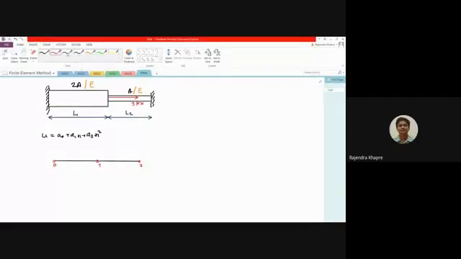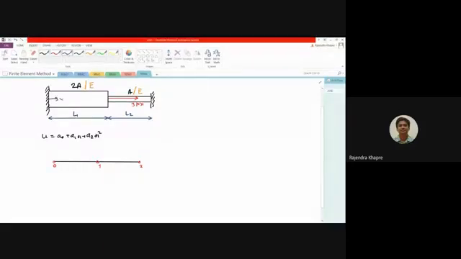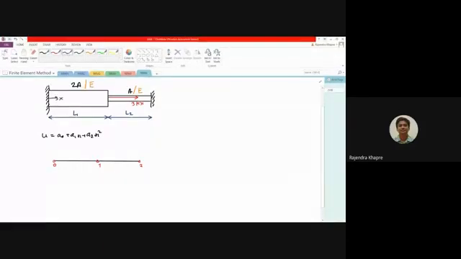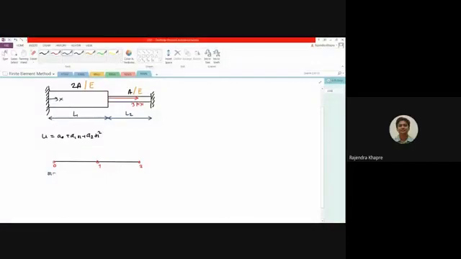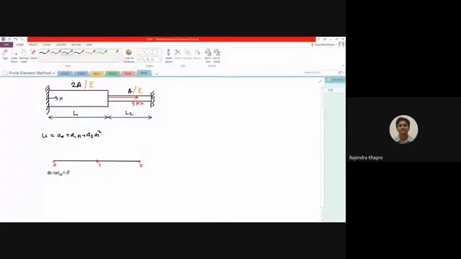Ideally, if you consider the origin over here, and I'm considering this as your x-axis, then x here will be called x0 and its numerical value will be 0. Here x will be called x1, and some value is given to you.